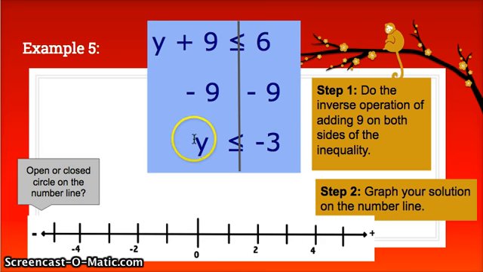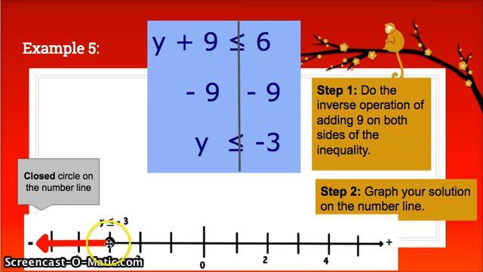To graph that, since the solution is y is less than or equal to negative 3, I would use a closed circle at negative 3. Since it's less than or equal to, negative 3 can be a solution. So I do a filled in closed circle, and then I shade to the left since it's all the values less than or equal to negative 3.